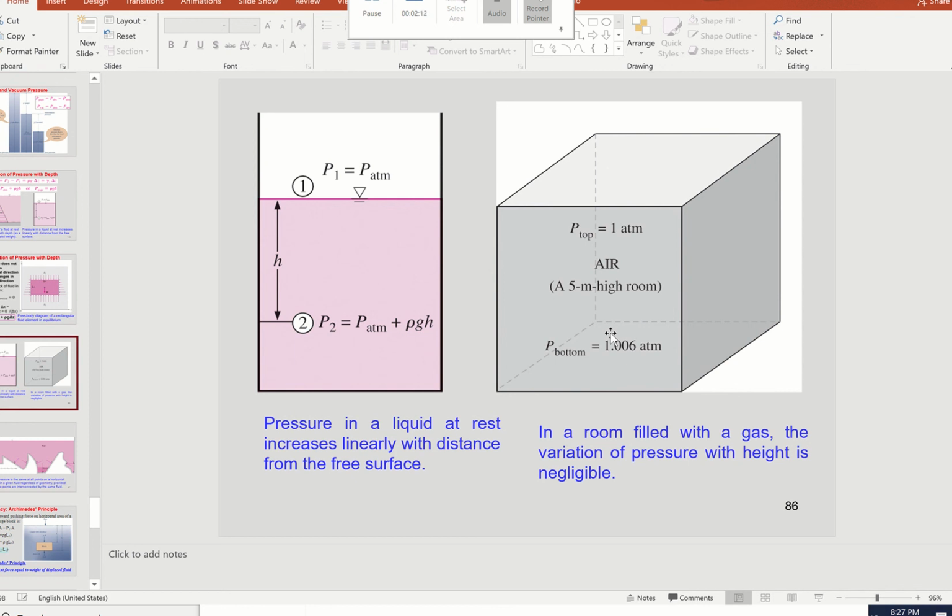Unless you are talking about something like a hot air balloon going thousands of feet high, then yes, there will be a pressure difference. But in a room, regardless of whether it's on the top or bottom, left or right, the pressure will be similar.